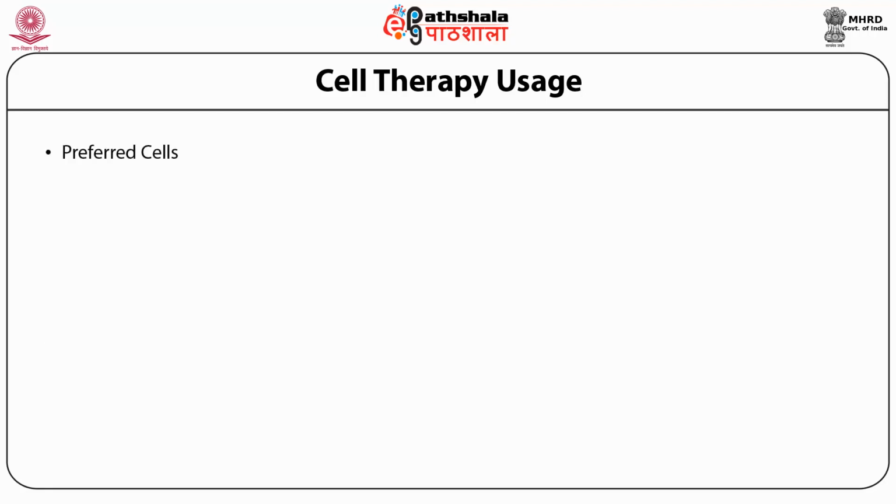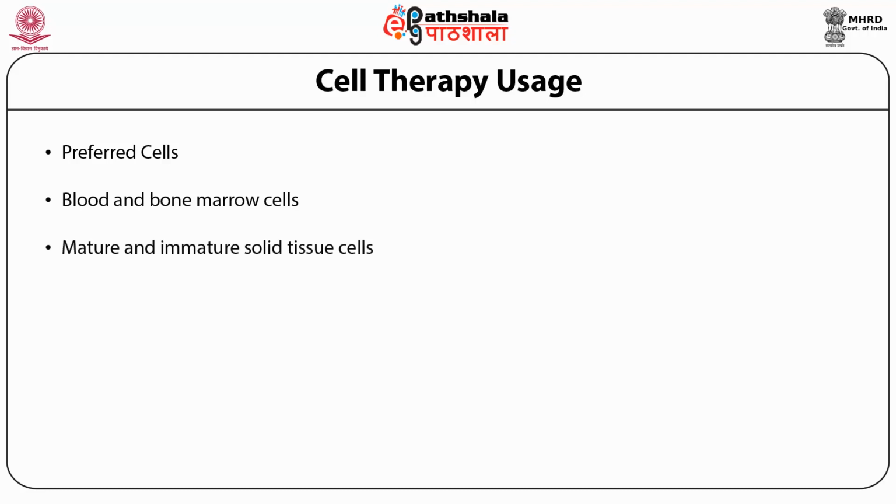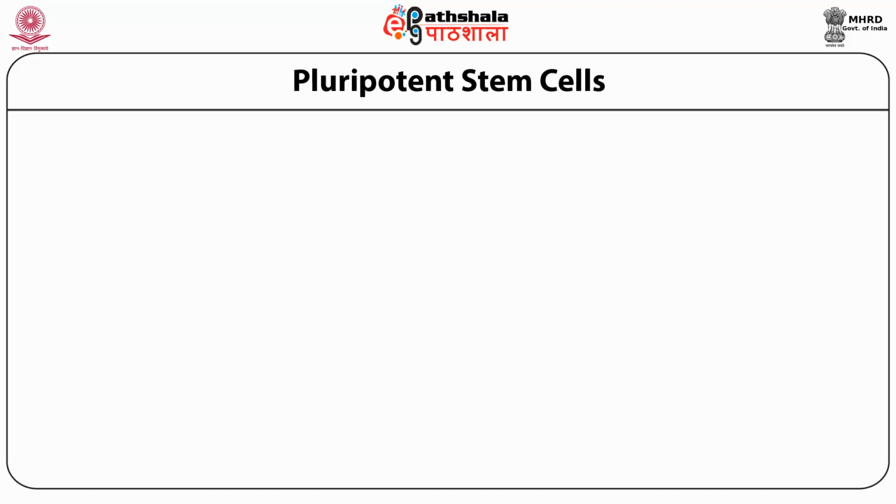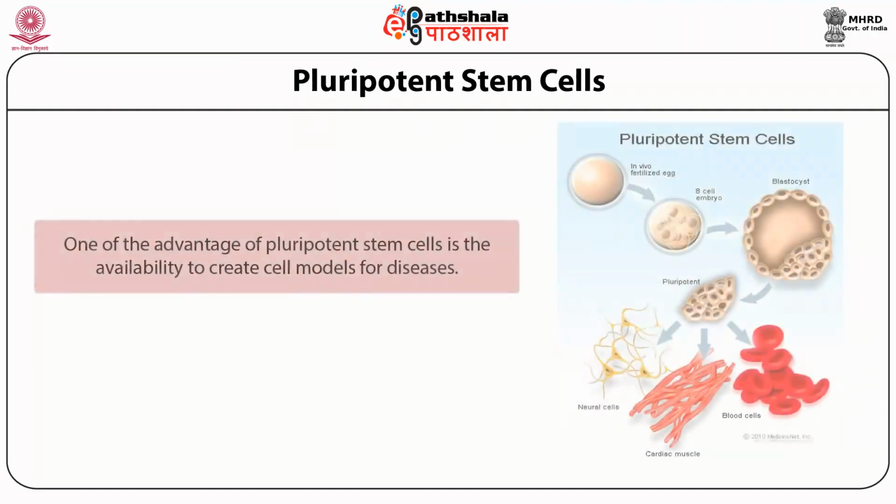A great range of cells can serve in cell therapy, including blood and bone marrow cells, mature and immature solid tissue cells, pluripotent stem cells, and T cells and dendritic cells. For example, we can use pluripotent stem cells. One of the advantages of pluripotent stem cells is the ability to create cell models for diseases.